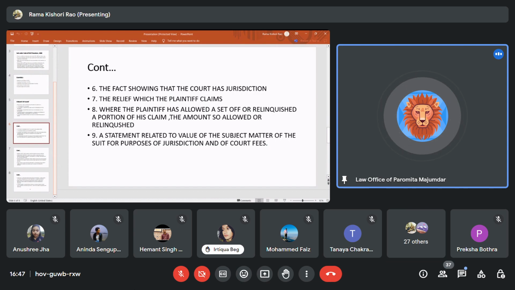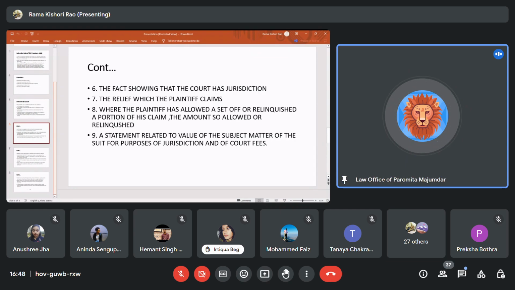For example, if the suit is for permanent injunction against the defendant from occupying a property which is based out of Mukherjee Nagar in Delhi, then the court which will have jurisdiction will be Karkarduma.